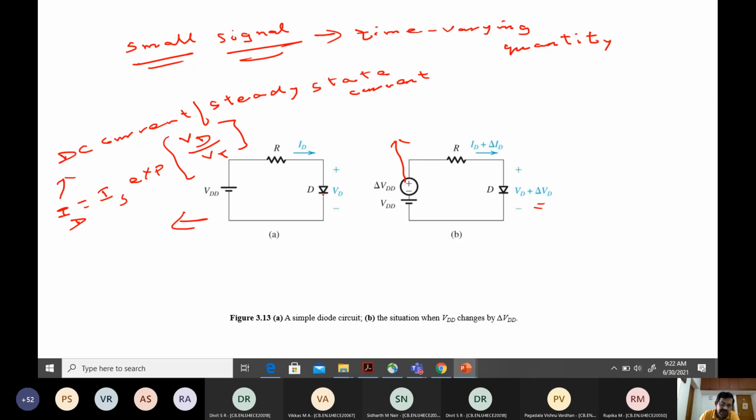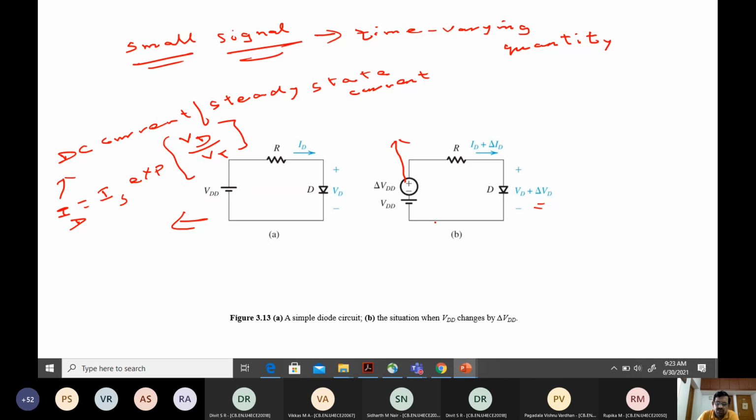We have seen all these things and done a lot of problems. Now what we want is, how do I accommodate this time varying signal? So from this equation we'll start.